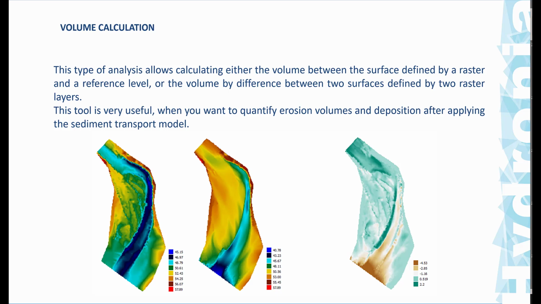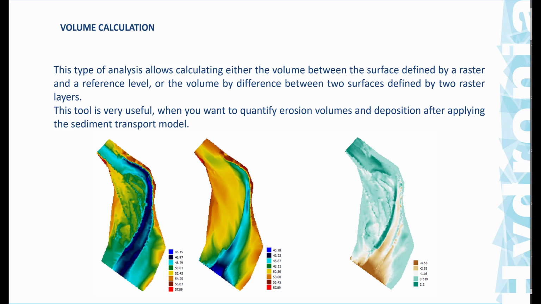Another example, which is very common in hydraulics and also in river analysis, is the volume calculation. This type of analysis allows computing the volume between two different raster layers, calculating the volumes in between these two surfaces.